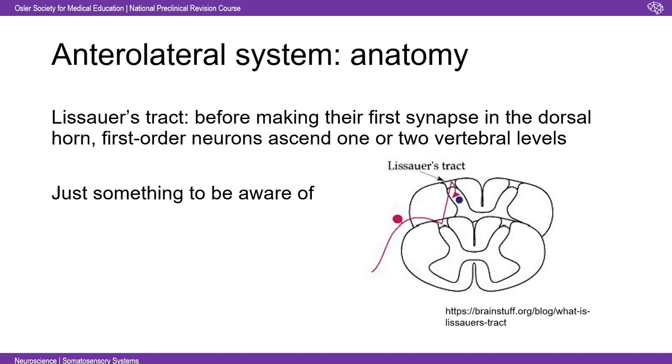First thing to be aware of in the anatomy, which we're going to cover in a similar way to the dorsal columns, is that there's a thing called Lissauer's tract. And so the first neuron, i.e. the neuron that connects to the receptor, the mechanoreceptor, for example, or the nociceptor, often gets into the spinal cord but messes around a bit and either goes up for a few levels or down for a few levels before actually going into the grey matter and making a synapse.